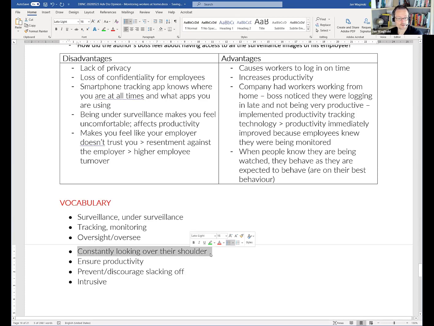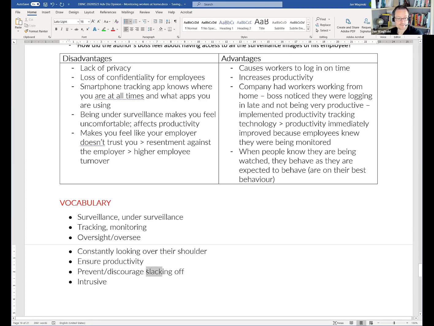How do you feel about your boss constantly looking over your shoulder? As a good phrase, it ensures productivity, prevents or discourages slacking off. What does slacking off mean? It means being lazy.